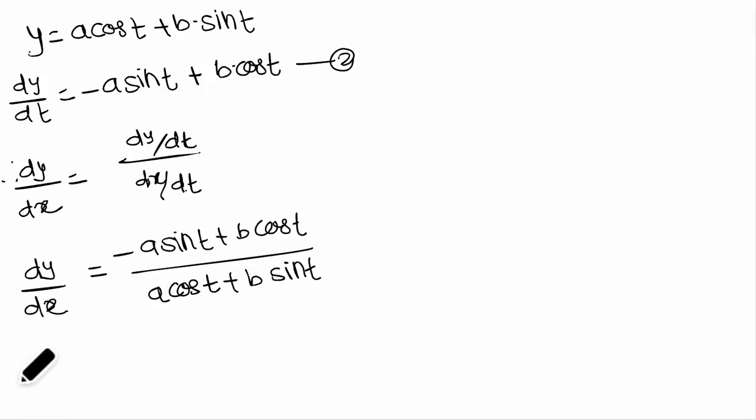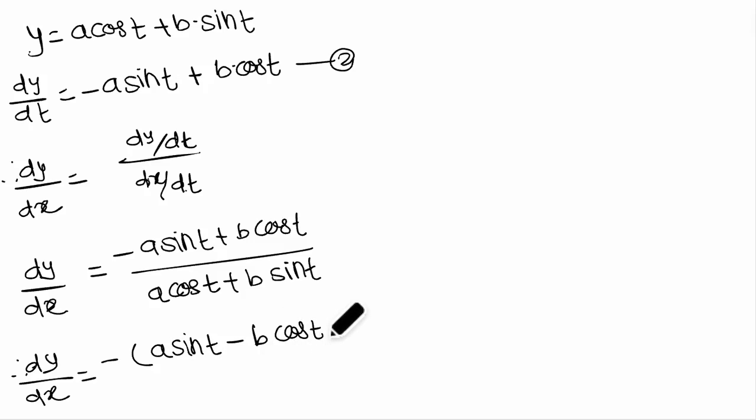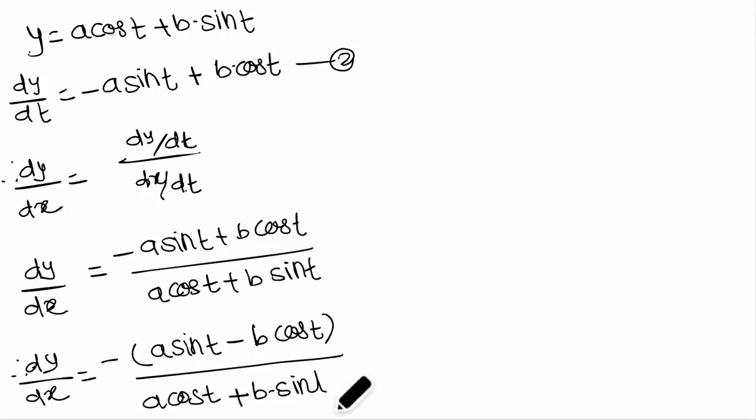Now observe carefully what is given in the question. If we take the minus sign common from the numerator, dy by dx equal to minus in the bracket a sin t minus b cos t, and the denominator will be a cos t plus b sin t.